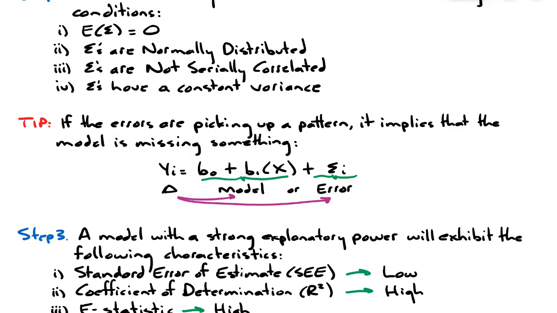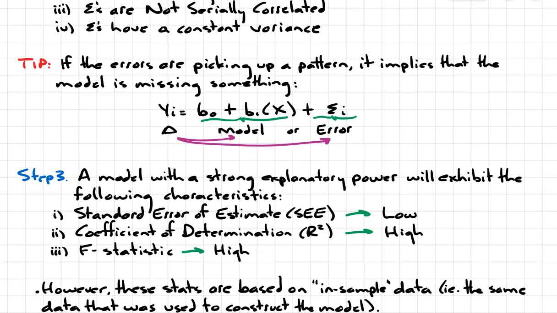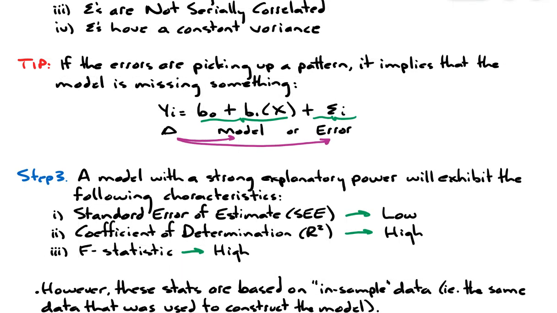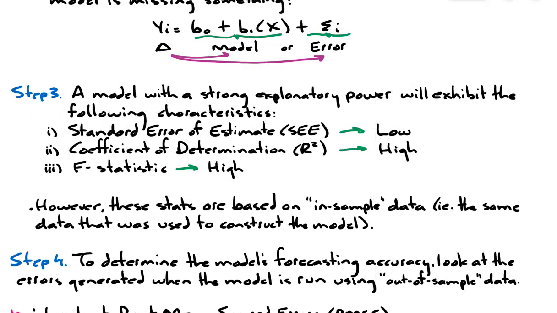That's why analysts first look at the errors, and if the errors are capturing a pattern, it means the model is missing something. This really is the basis for the ANOVA tables we've looked at, analysis of variance, where we break down the variation in y into the part that's explained by the model and the part that's explained by the errors.